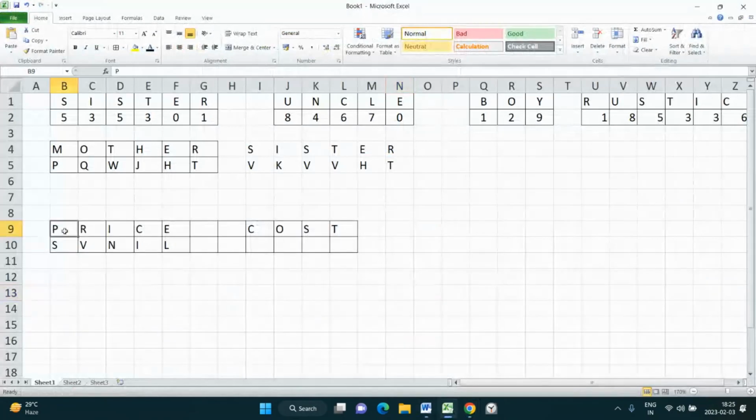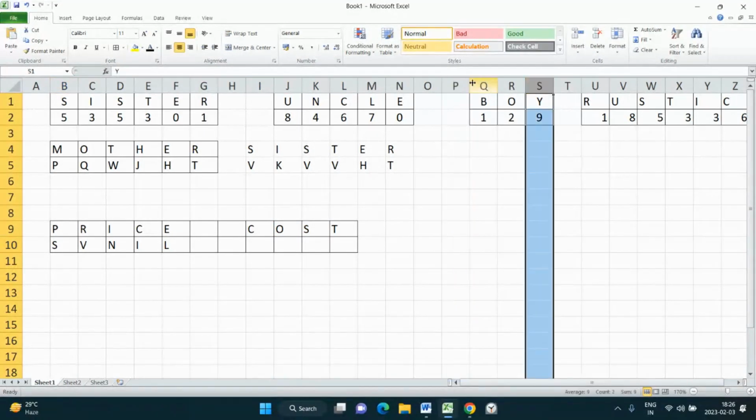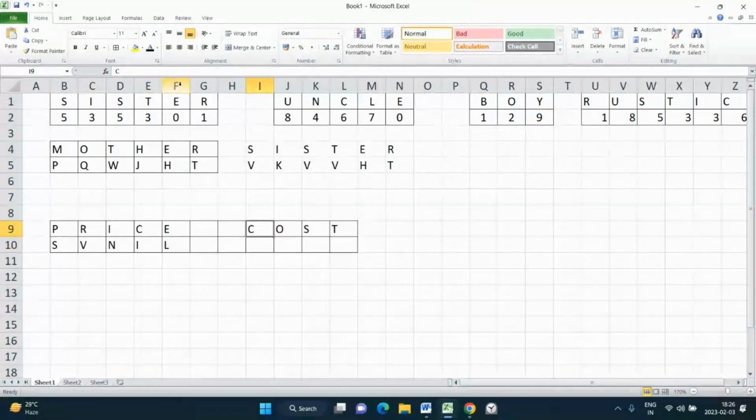Price is SVNIL. What is cost? P is converted as S. So there are two in between. So C, after C you should have two in between. So I am saying F. Similarly, you have to find out.